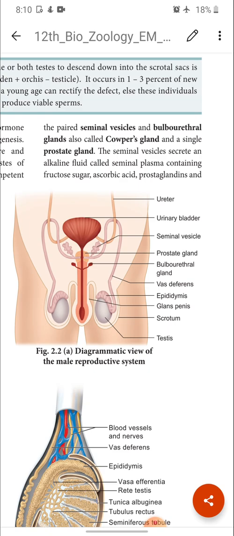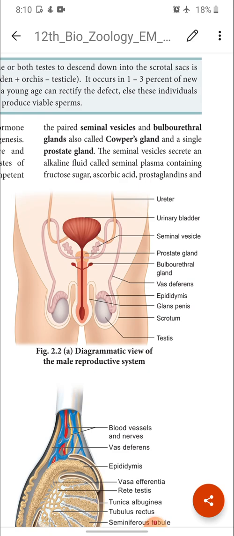So you can see here, children, there are 2 seminal vesicles, there are 2 bulbourethral glands, but the prostate gland is only one. Okay, children. So then bulbourethral glands, otherwise called Cowper's glands, this is also a 1-mark question. So the single or unpaired accessory gland present in the male reproductive system is the prostate gland.